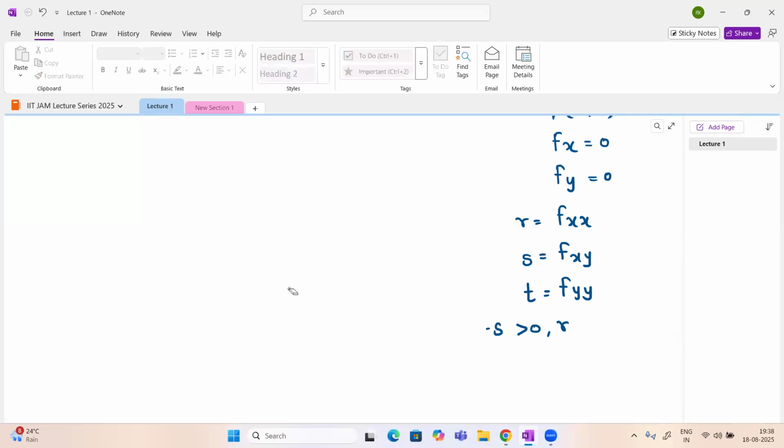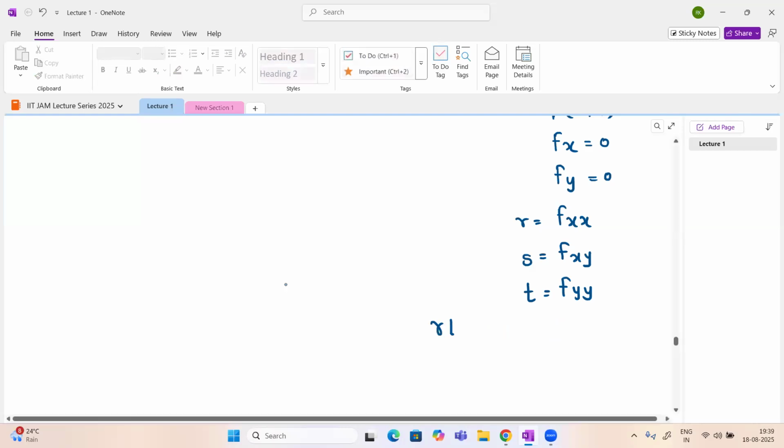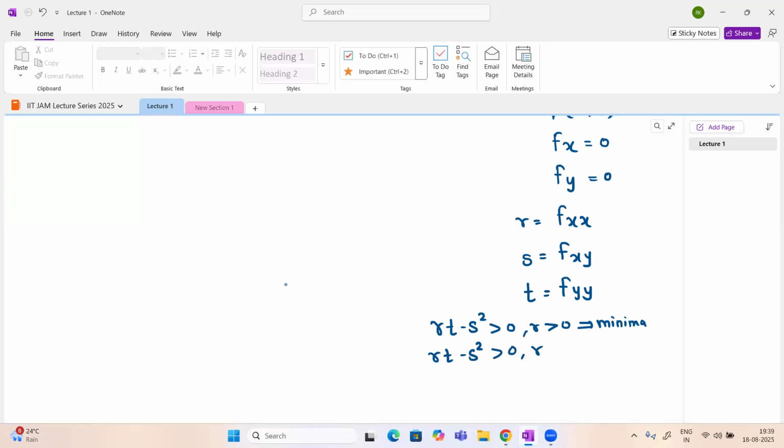Minima, right? If RT minus S square is positive and R is negative, then what do we get? Maxima, right?